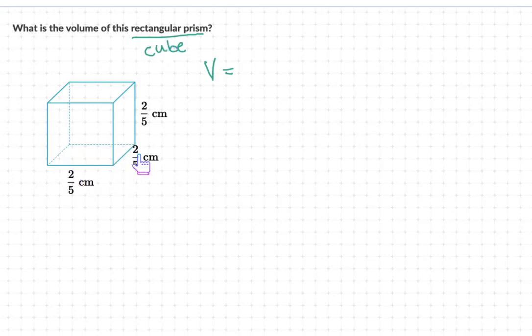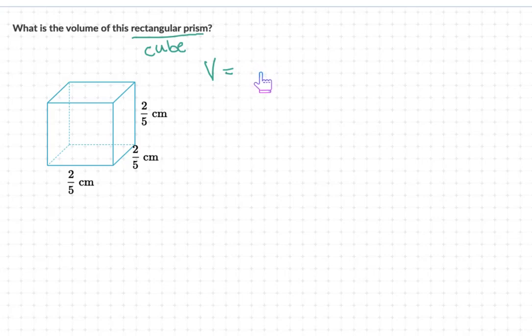So this is technically a rectangular prism, but it's a special type called a cube, where the rectangle, the base shape, is actually the same as all the sides. So this is a cube's formula.